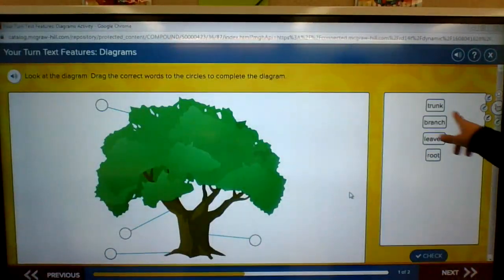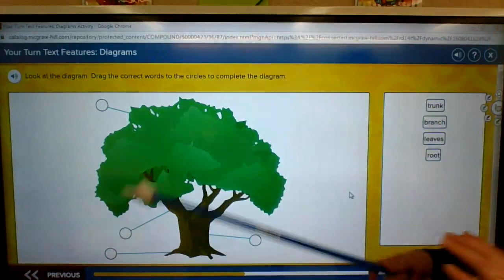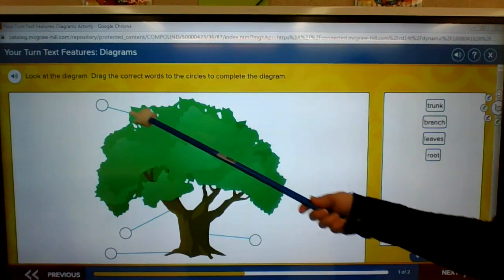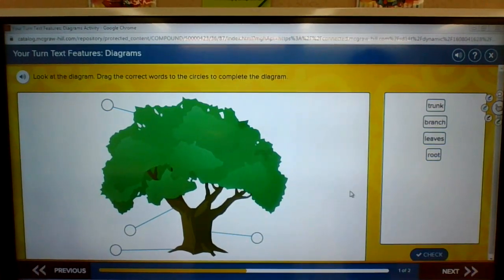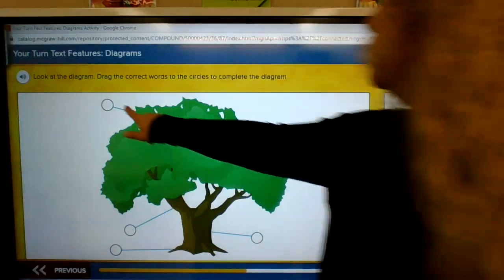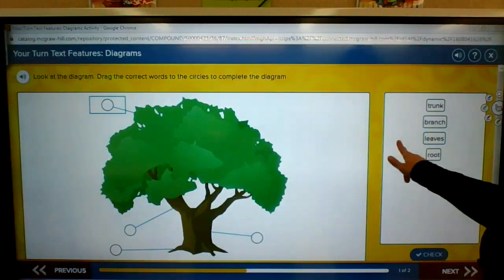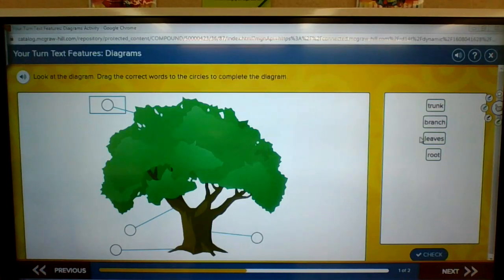So we're going to drag the words over to the right circle that's pointing to the right thing. Well, let's look. What is this line pointing to on the tree? The green part up here. The leaves, right? Okay, so let's grab leaves. See if this will work for me. Nope. All right. Hang on. We'll only have to use this for a minute. All right, so leaves.